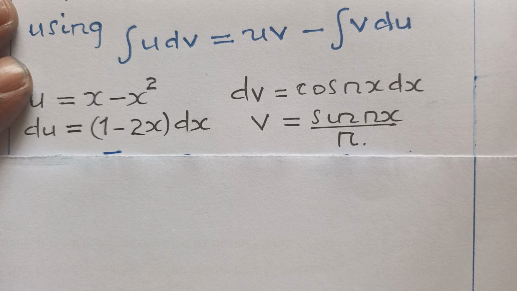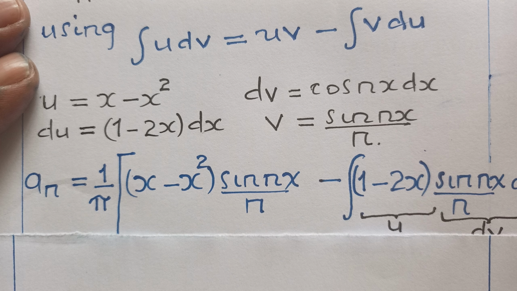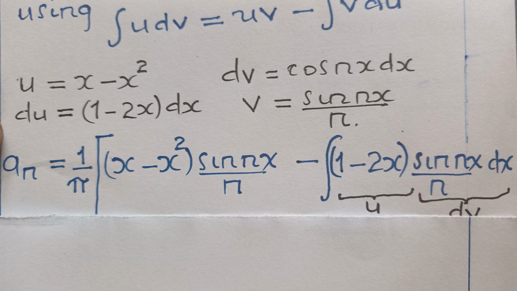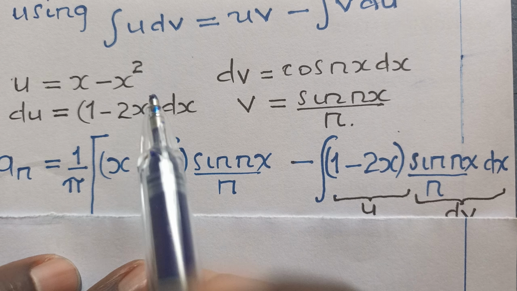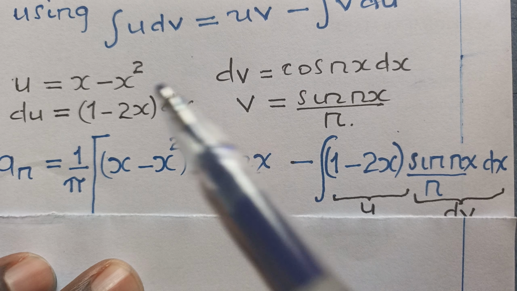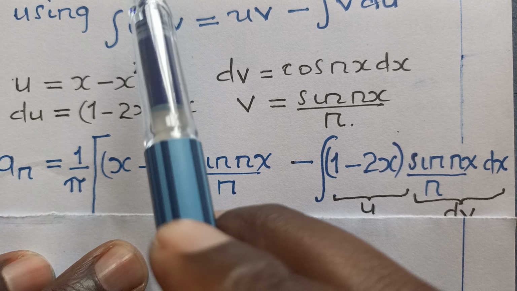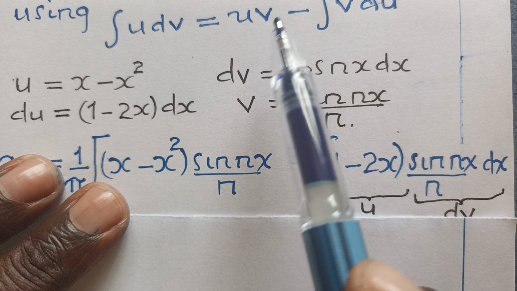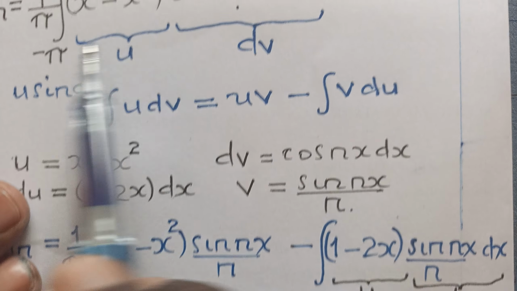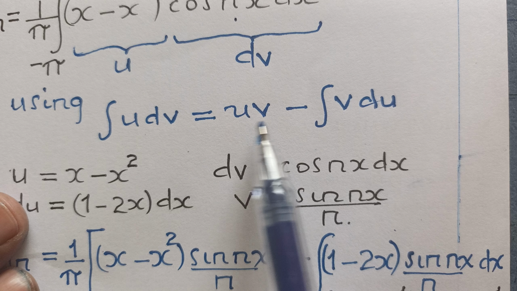Guys, now we come and input our figures in the equation. And so therefore, guys, this is our first equation. We are going to input our figures. So for u dv, guys, we don't need it, this one is already right here above. So what we are now inputting, guys, is u and v, because already we have this, which has the u and dv. Now you come to uv.